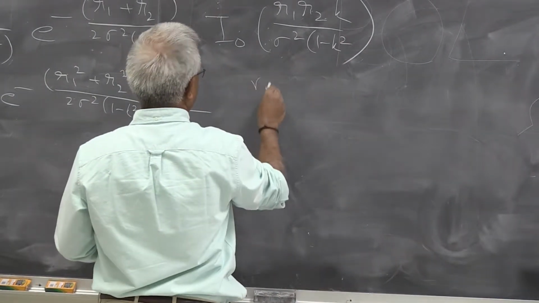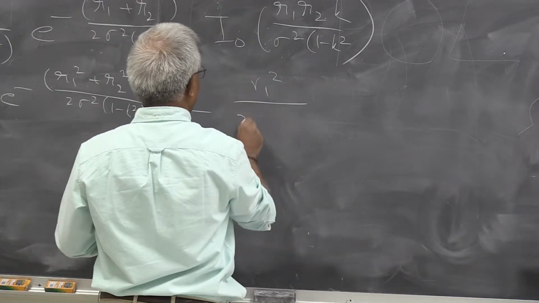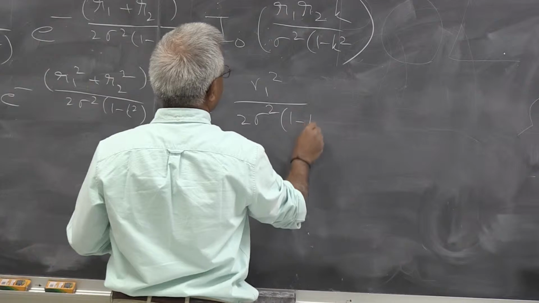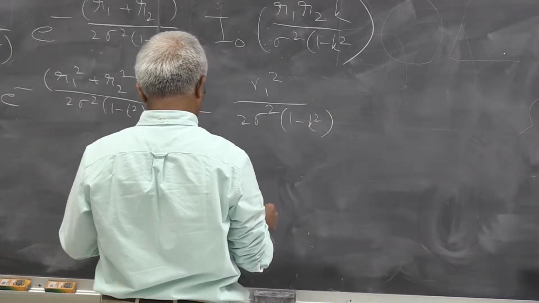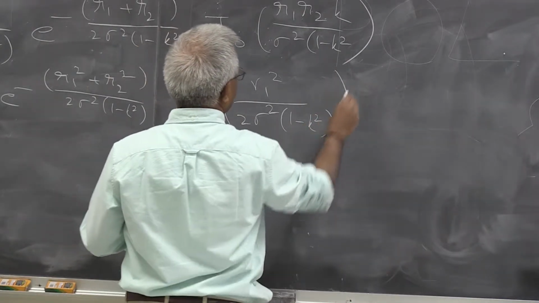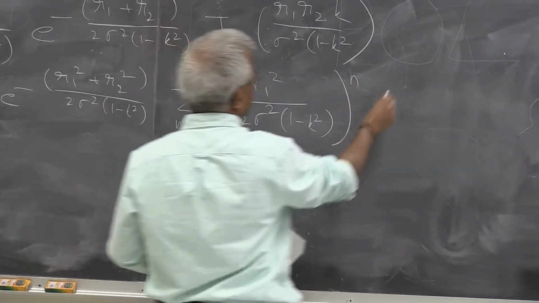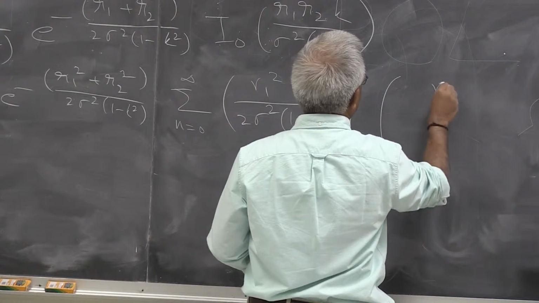So that's going to be R1 squared over 2 sigma squared, 1 minus k squared, because we had 2 to the power 2, and all the terms we'll see are here.